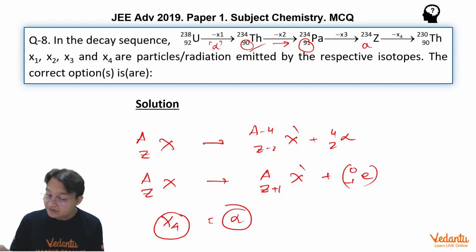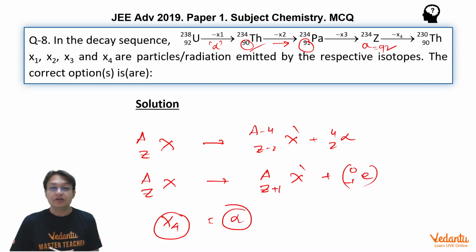And if X4 is an alpha particle, then this A must be equal to 92. So we can identify that X1 has to be an alpha particle, X2 has to be a beta particle, X3 once again is a beta particle, and X4 is once again an alpha particle.